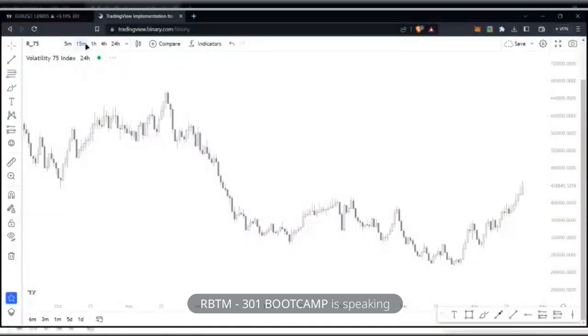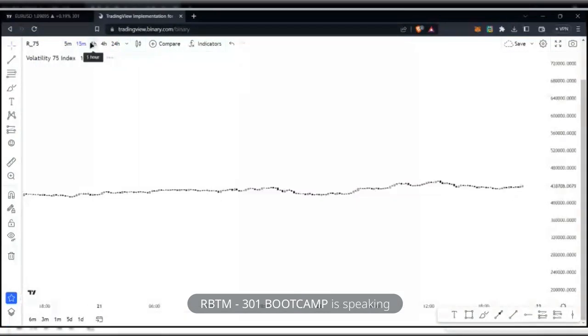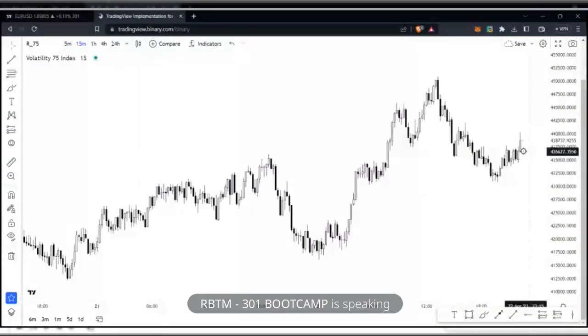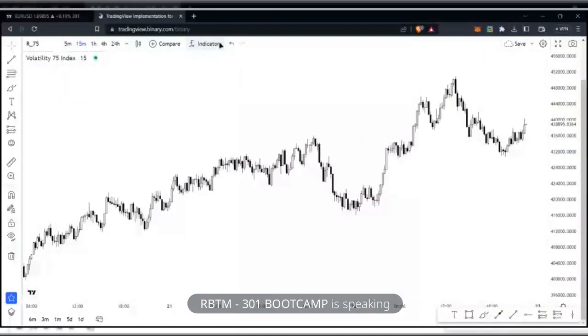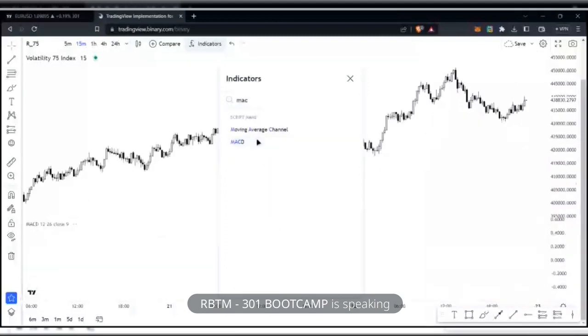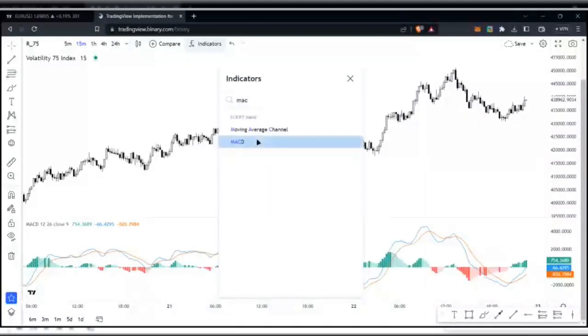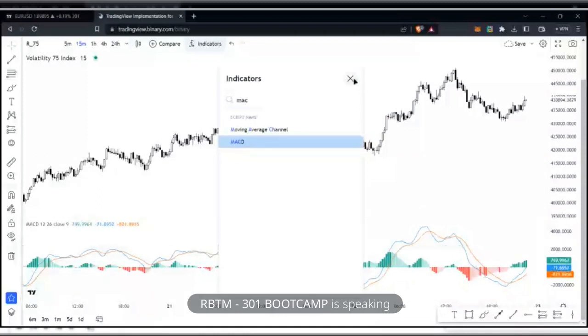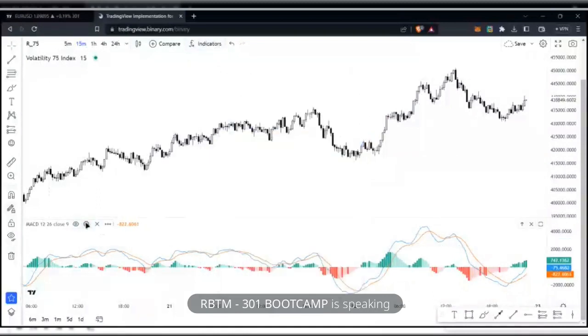Let's say Boom 75, on the 15 minutes. All right, so let's bring out an indicator. MACD. I know back then I used the MACD. Yeah, this MACD. And then the setting for my MACD back then was what, 5, 8, 12?